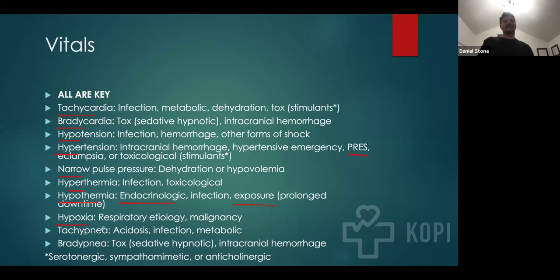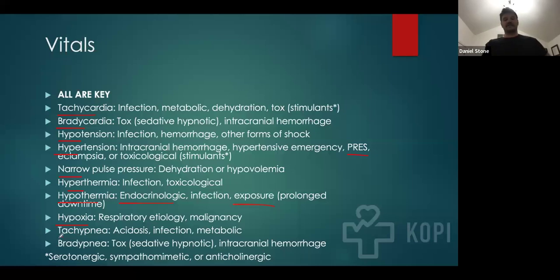Hypoxia can also certainly cause altered mental status and is in the differential in terms of causes. So if you see a patient who is hypoxic, try to correct their hypoxia before you assume that it's not causing their altered mental status. But make sure that you're working up their hypoxia as well as their altered mental status.